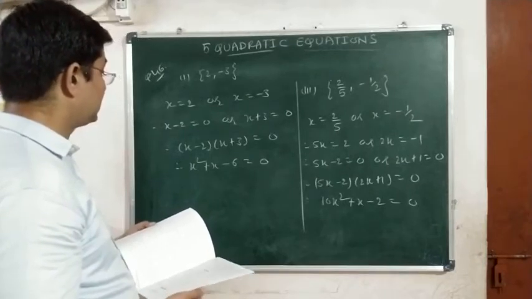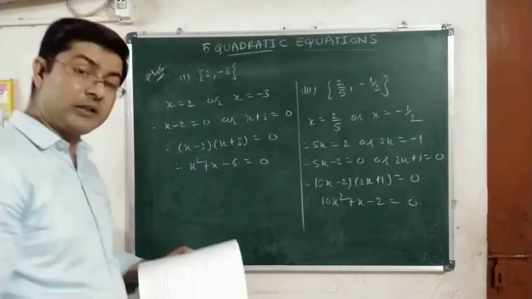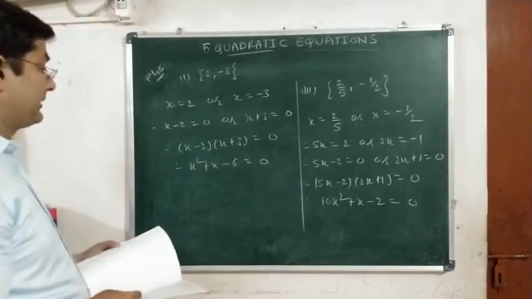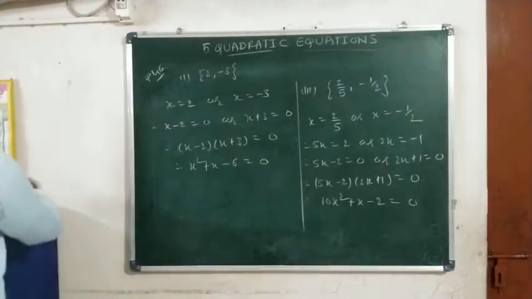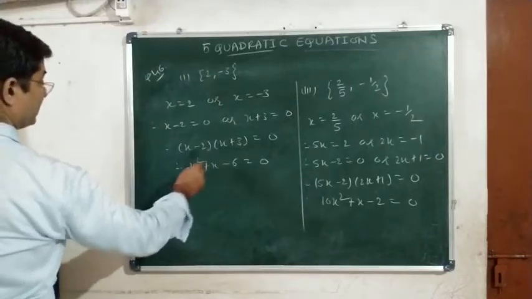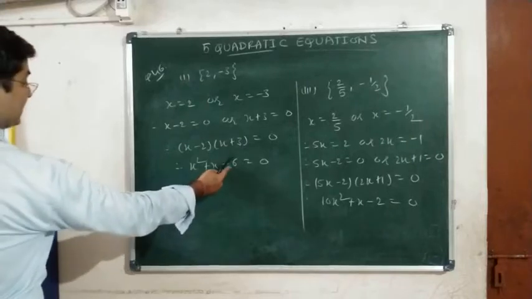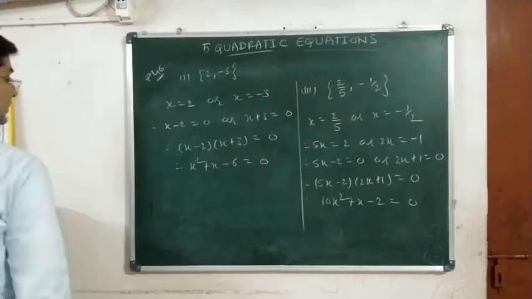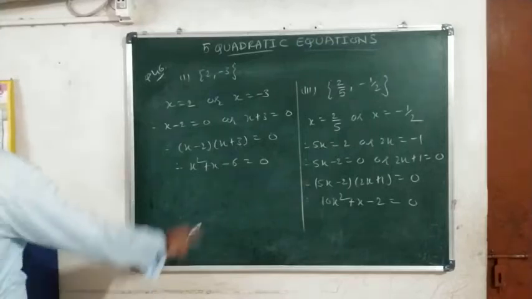x square plus 3x minus 2x plus x. I think in the textbook they have given the wrong answer. x square minus 6 is given, but it must be plus x only. Okay, because it is very evident from the product. x square plus 3x minus 2x, so plus x only we will get, and factorizing 3 getting difference to be 1, so 3 2s are, yes or no, 3 2s are 6 and 3 minus 2 will be 1.